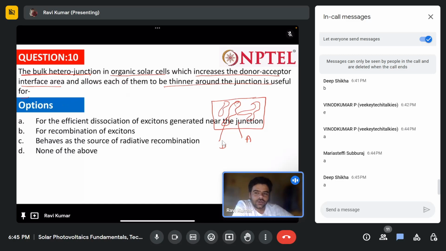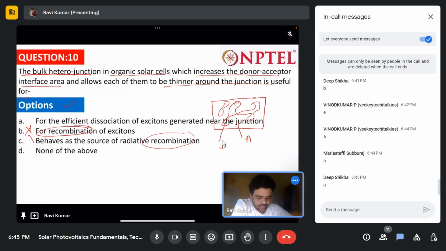I'll tell you, this recombination is the poison for the solar cell. Deepsika, yes, it is A. Whenever there is a recombination in a solar cell, it is lowering our efficiency. So it is a poison for a solar cell. So this can't be an answer, because why are we increasing the poison in a solar cell?